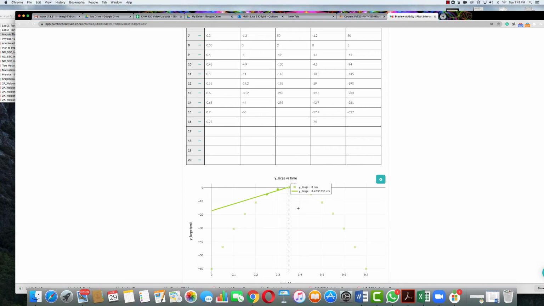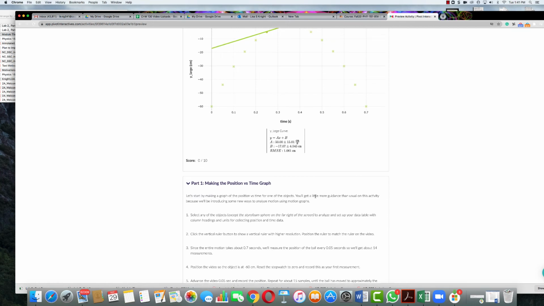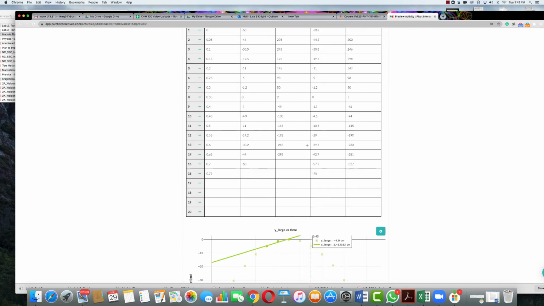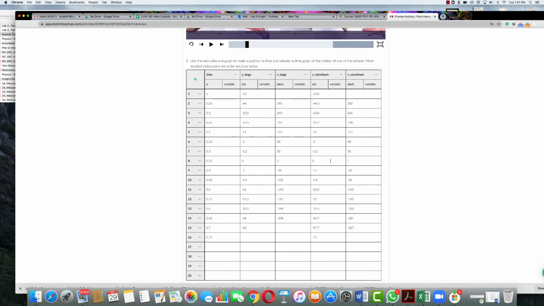I'm going to read my slope off of my equation of that line. So you're going to find the slope at each point. You're going to start with the slope at the very first point, the second point, and so forth. And you're going to have to kind of play around with that. It's a little tedious, but you can do it.